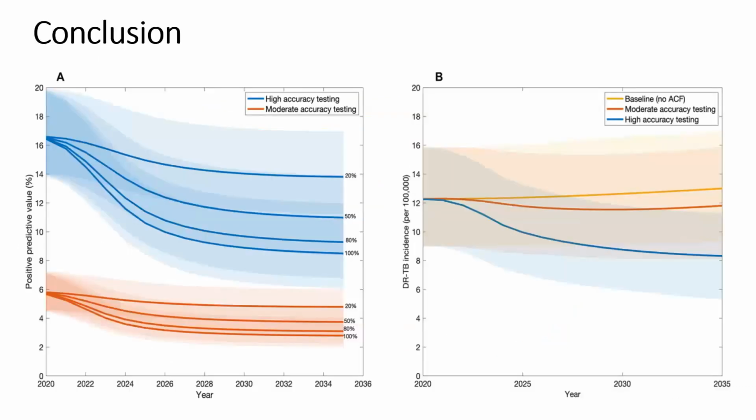In conclusion, they also looked at the positive predictive value, where this figure shows that TB prevalence decreases over time due to active case finding interventions. So the positive predictive value of the diagnostic algorithm decreases over time.